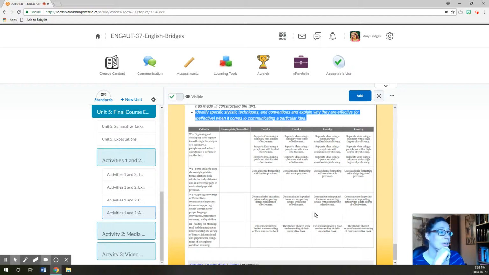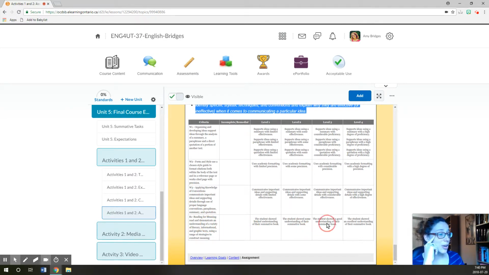W3, are you communicating important ideas and supporting details with considerable effectiveness? So have you developed an insightful essay topic, thesis? That's the word I'm looking for, thesis. And are you proving it effectively, especially using your knowledge of conventions of an essay? So is the essay structured well, and conventions in terms of spelling and grammar?